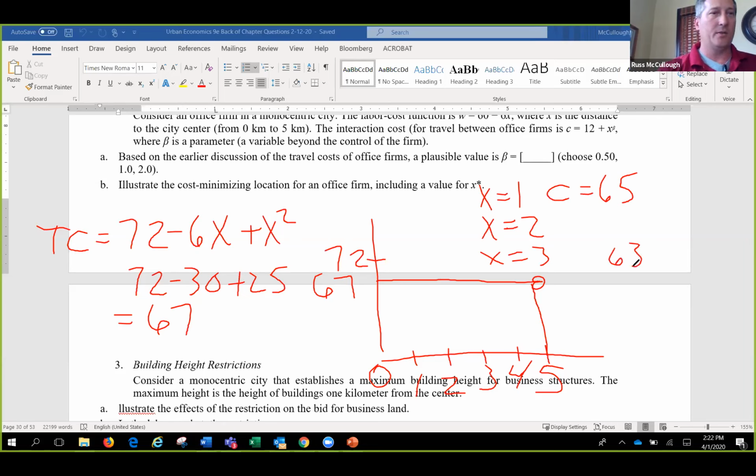At 2, what did you have? 60. Oh, yeah, 67, right. Sorry, I said that, but then I wrote the wrong thing down, didn't I? So 67. And what would you guys get for 2? 64. And then 4 was, who's got 4? I'll just kind of come down this line.